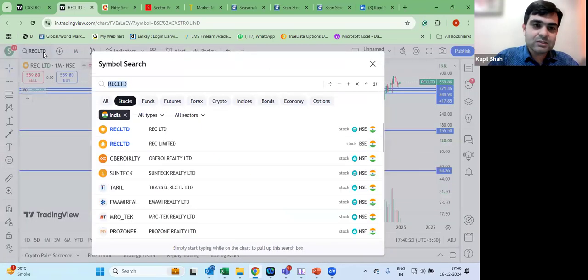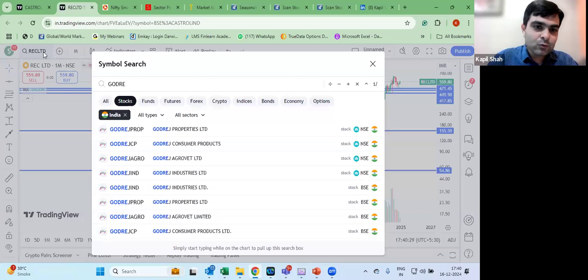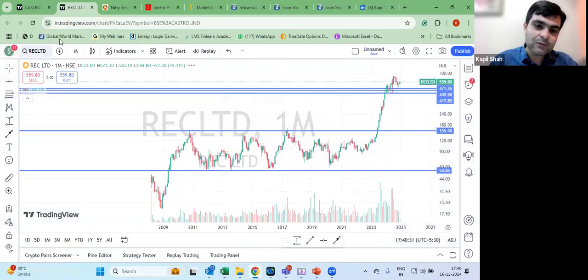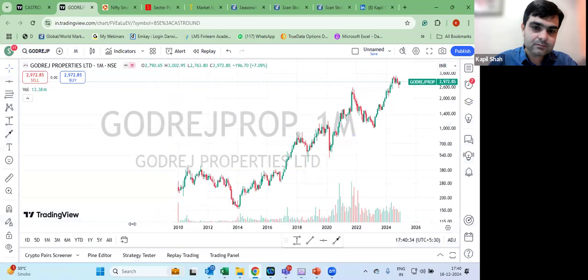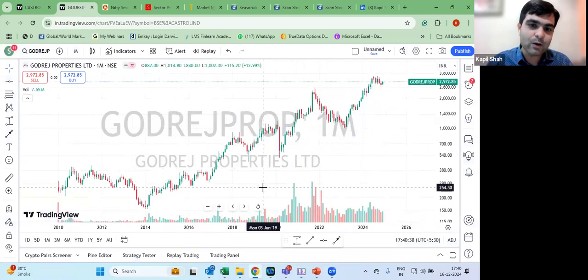Now, can you do a short exercise? Let's say I put one chart in front of you, that is Godrej Properties. Can you tell me at what level I can place this line? At what level I can put my horizontal line which resembles the ongoing topic, the huge consolidation patches and the breakouts?